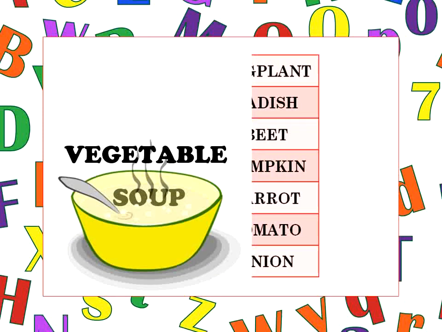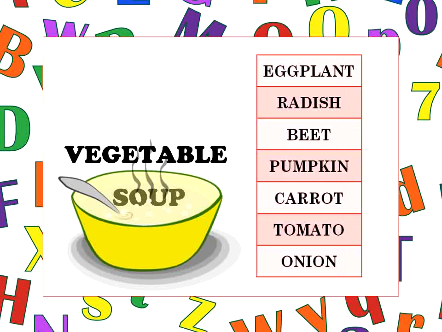Here is a list of the vegetables that will be going into the soup. But sadly, they are not in the correct order. Can you help me rearrange them in the alphabetical order? Because that is the order in which they are going to go into the soup. Quickly recite the alphabet aloud right now.